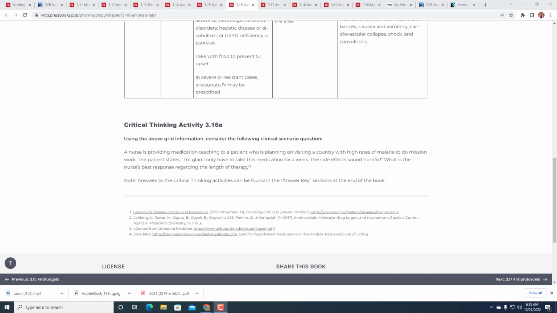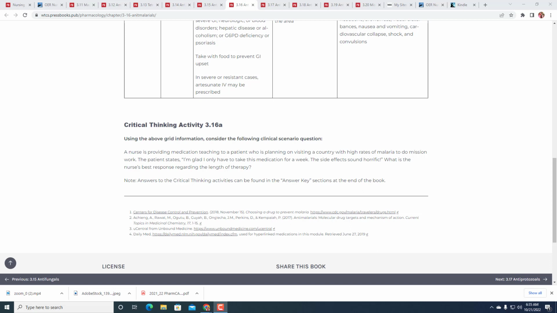Yeah, when you're talking about antimalarials, you're probably talking about a month, just even after leaving that area. So when you talk about, okay, you're going to go there for a week, you're also going to need to continue to take that medication for probably 4 weeks after leaving that area.